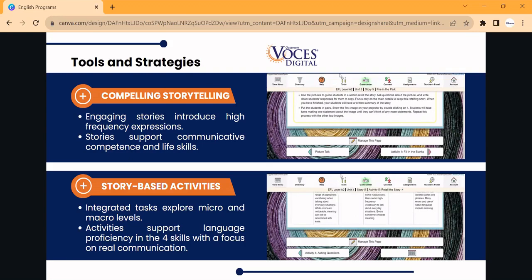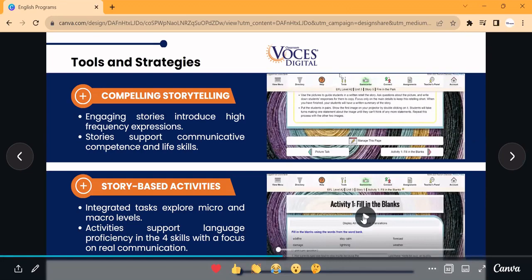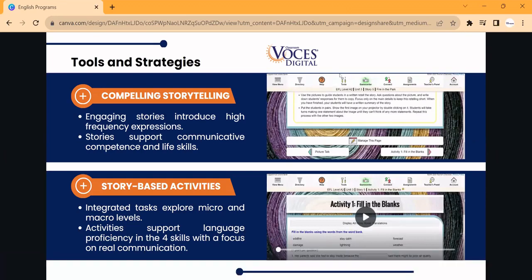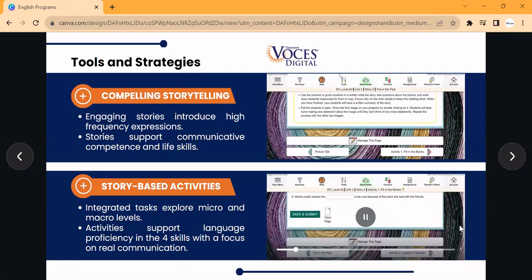You see here a model of the retell the story activity that allows students to practice communication and also storytelling. And they also have fill in the blanks and some of the activities that focus on vocabulary in context.